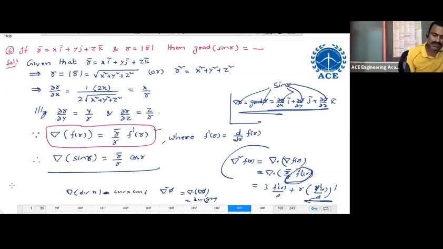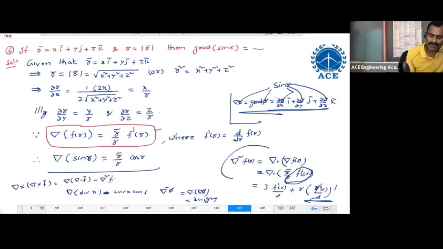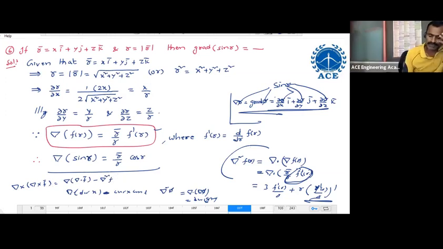I think this is the formula: del cross del cross f bar equals del of del dot f bar minus del square f. If we equate del square f to 0, we get the same thing.